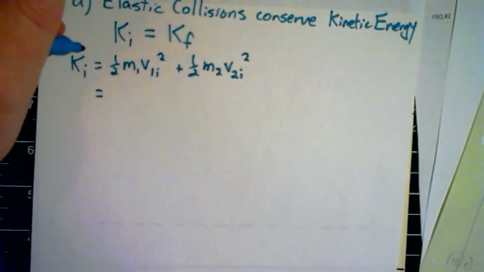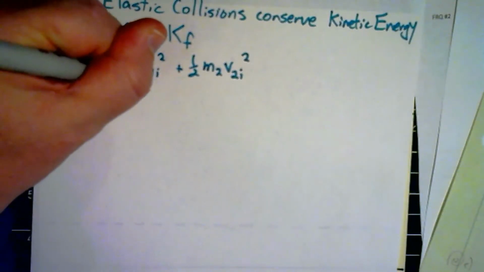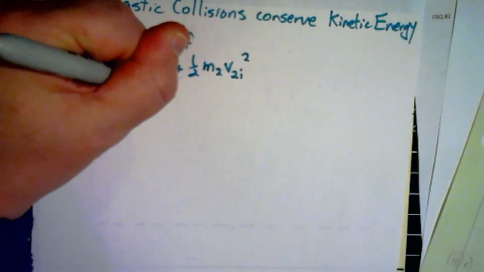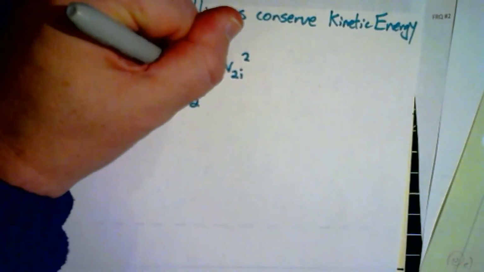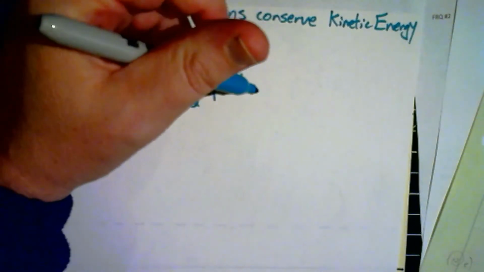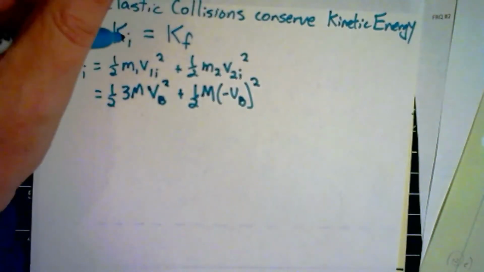And so we'll have 1/2 times 3m times VB squared plus 1/2 times just plain old m, the second mass, times V2 initial squared, which was a negative VB. Now that value gets squared anyway, so that negative sign can go away.